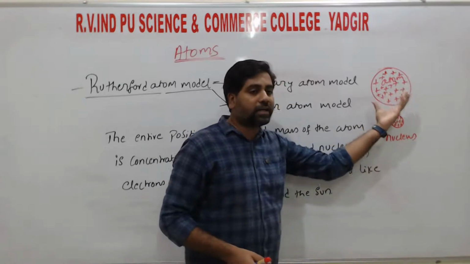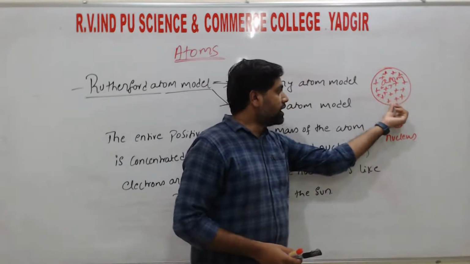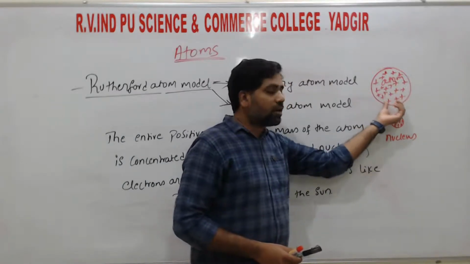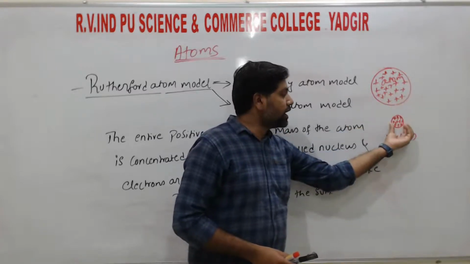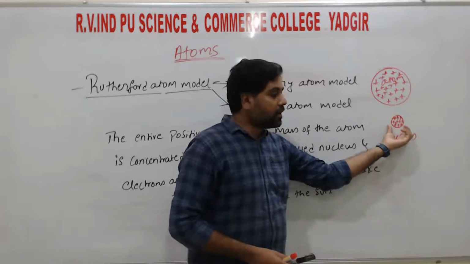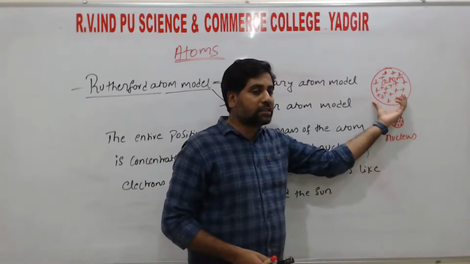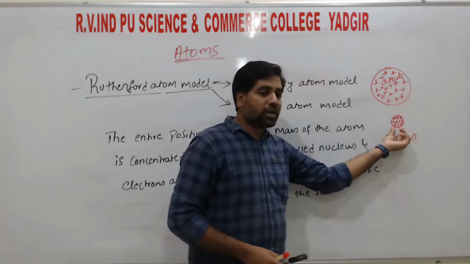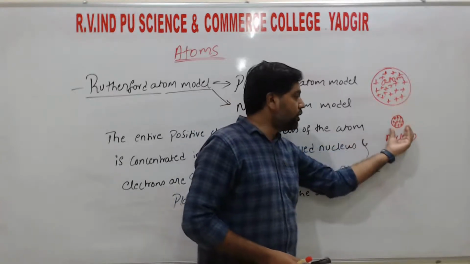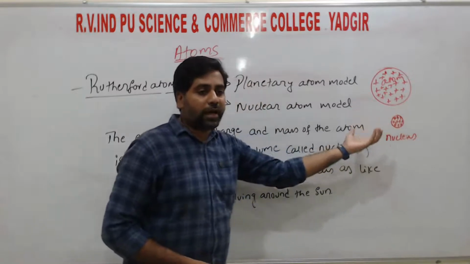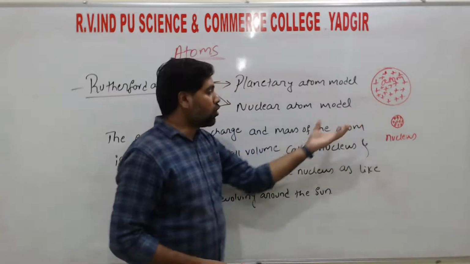Concentrated means they are at a nearer distance to each other, so each positive charge is very close. Then the total mass and positive charges are concentrated, and it becomes the smaller volume. If you observe the difference in these two, here the atom is bigger and here the nucleus is smaller in volume. It is also spherical in shape, but its volume reduces because the total mass and the positive charges are shrunk, that is, concentrated.